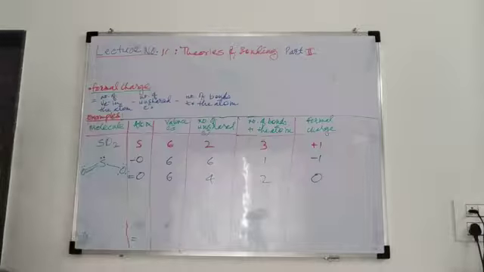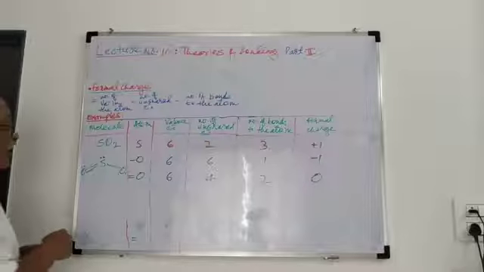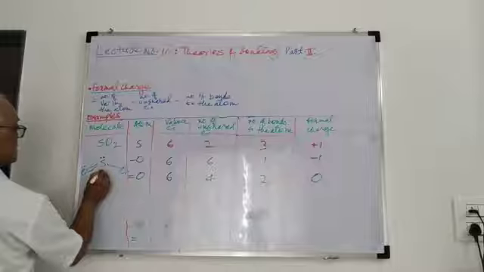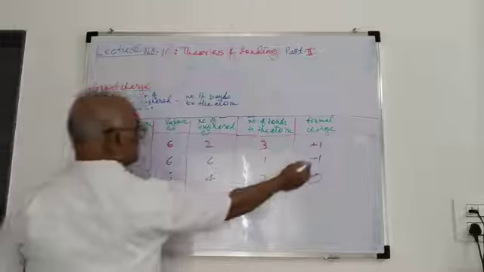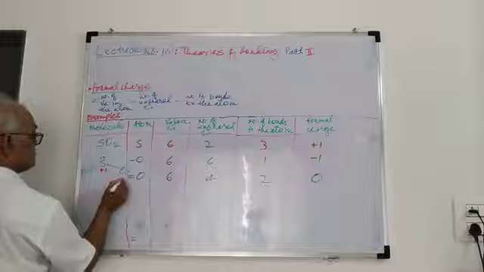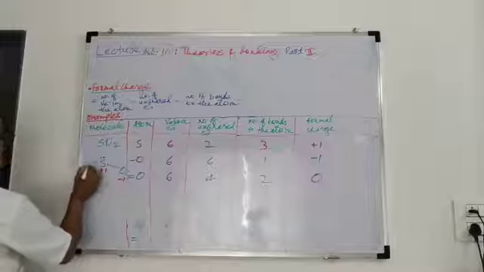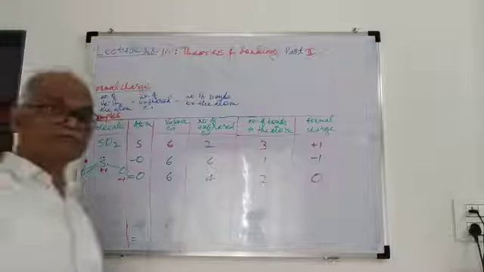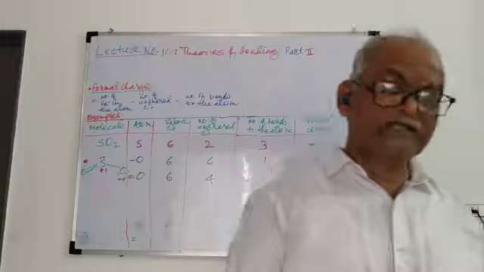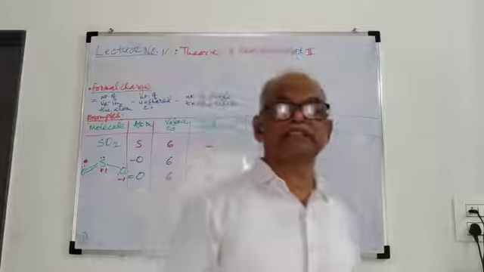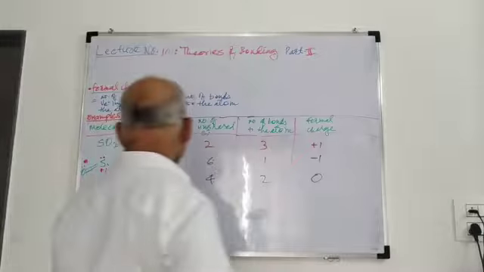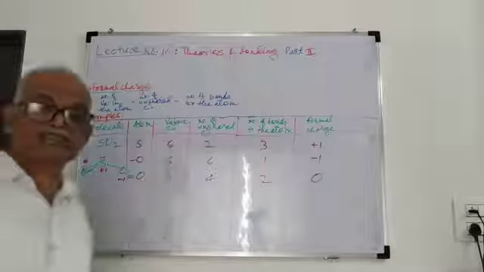So if we show this charge, sulfur has plus 1 charge, this oxygen has minus 1 charge, this oxygen has 0 charge. So in this way we can show the charge on the atoms which are present in the molecule. So in this way we can find the structures.